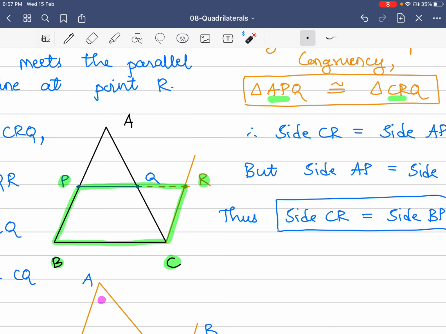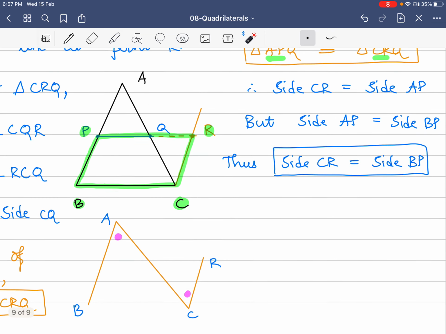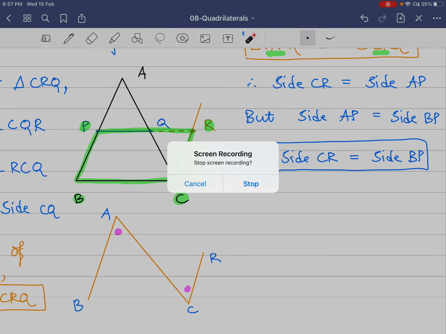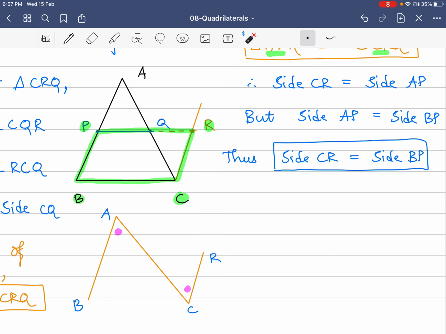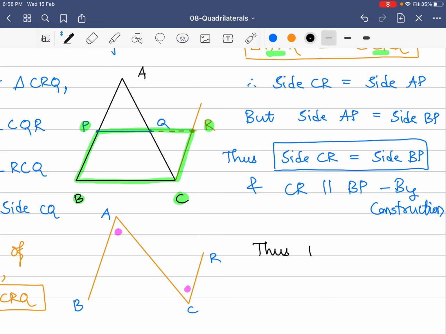Very important. I'm just going to make a note of this point. CR is equal to BP and CR is parallel to BP. Why? By construction. That's how we constructed the line CR. And thus BCRP is a parallelogram.